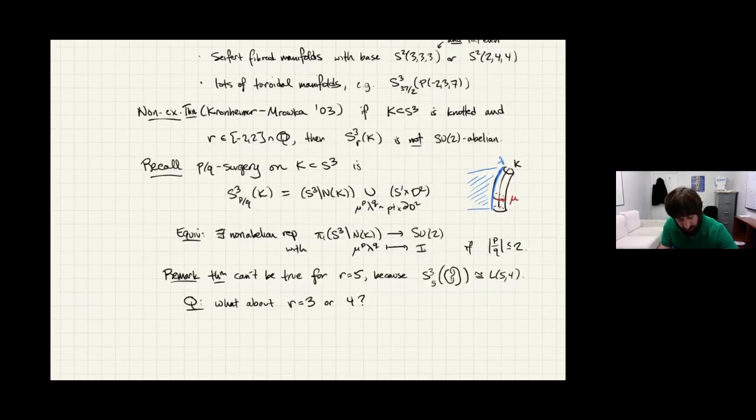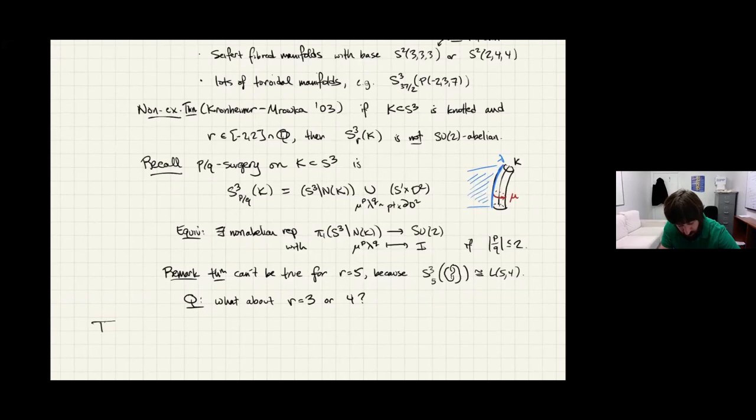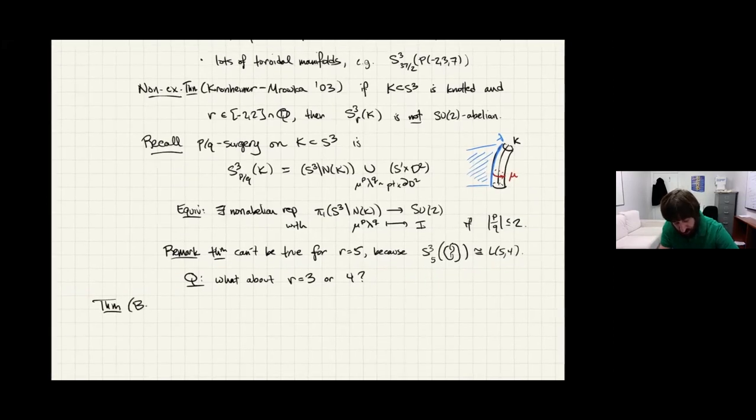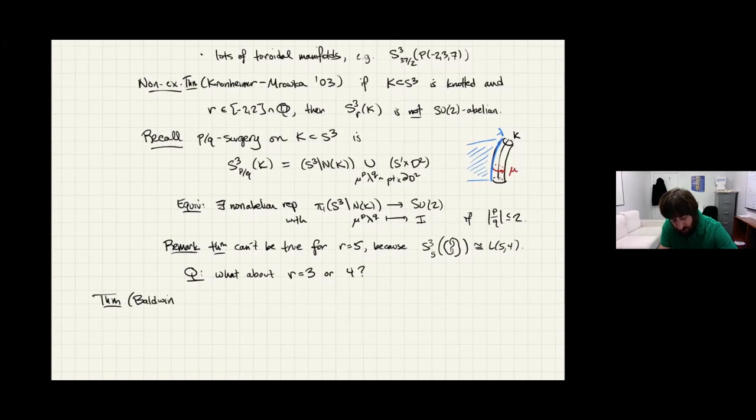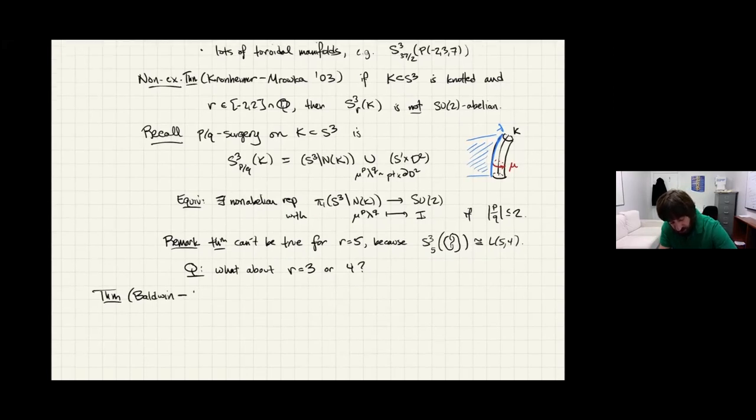And so the main result of the talk, which is from the second paper I mentioned at the beginning, joint, again, with John Baldwin, with Zhenkun Li, and with Fan Ye from October, is that if K is a knot other than the unknot in S3, then there exists a non-abelian representation of the fundamental group of 3 surgery into SU2.